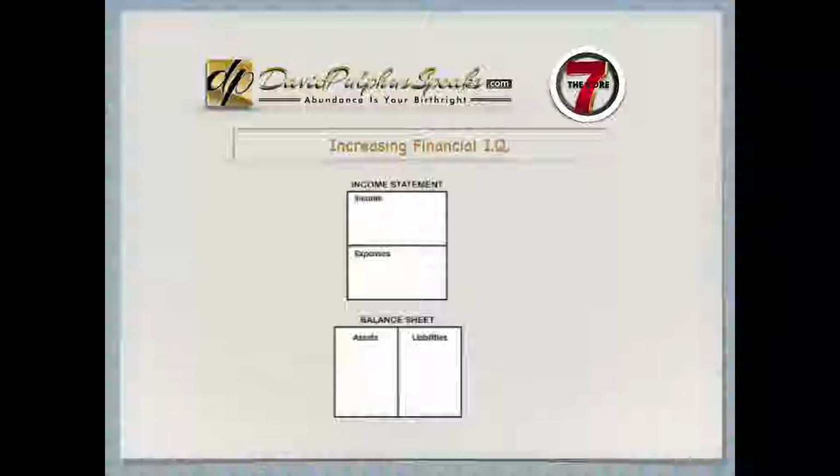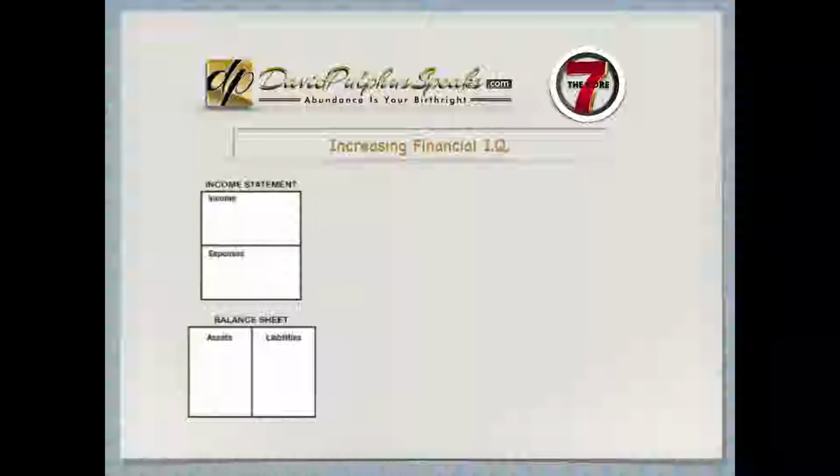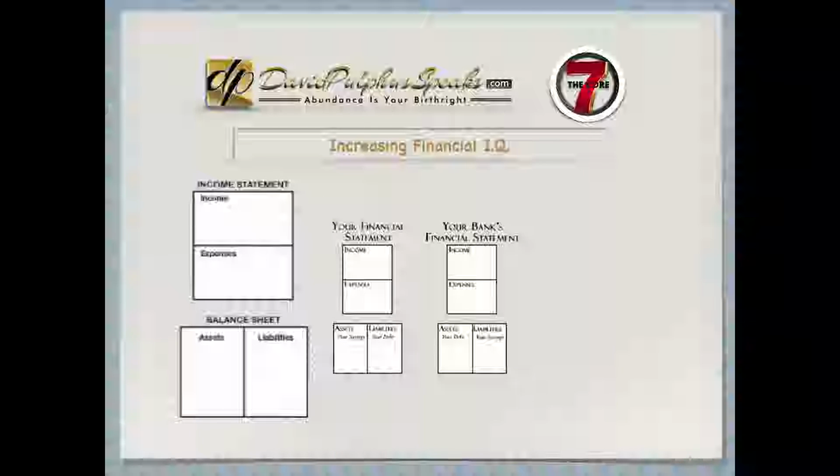Your income statement is your income and the expenses at the bottom. The balance sheet is your assets and your liabilities. He also said that to really get a real picture of your financial statements, you actually need two financial statements: your own and the financial statements of the bank, because they balance each other out.